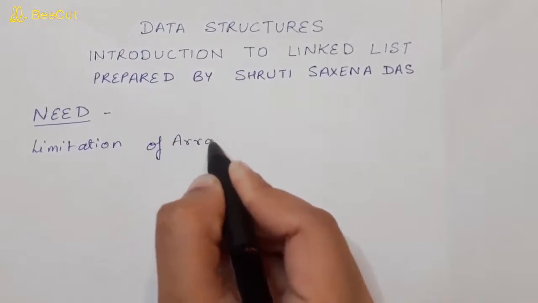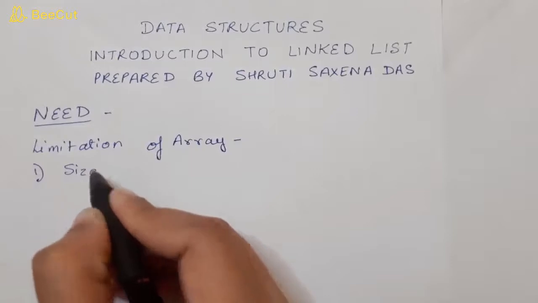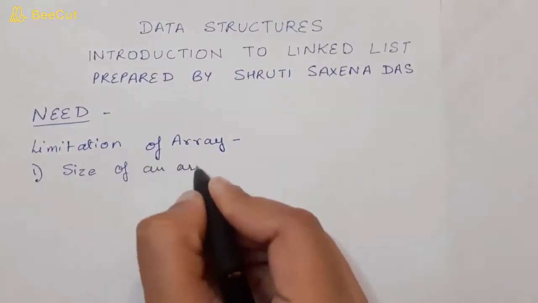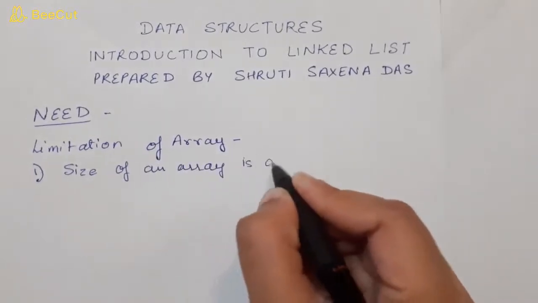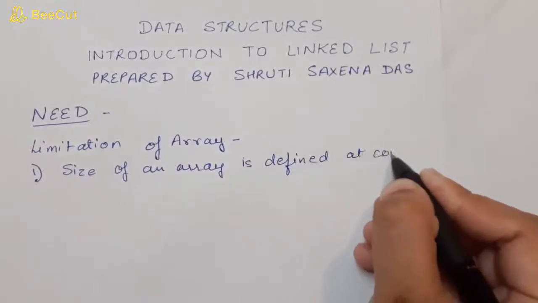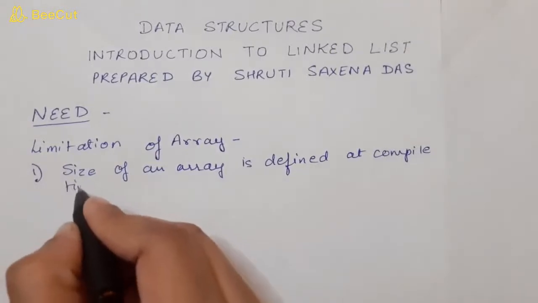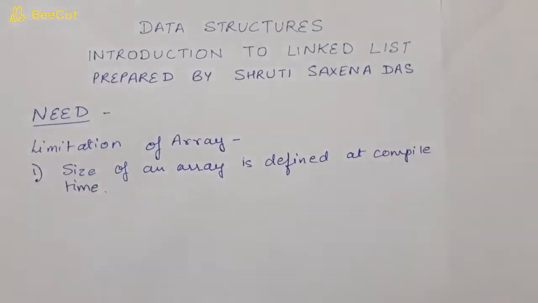So the first limitation of array is the size of array you need to mention at compile time. So the size of an array is defined at compile time. When you are writing your program, at that time only you need to specify what will be the size of the array, and whatever size you are specifying, that becomes fixed.